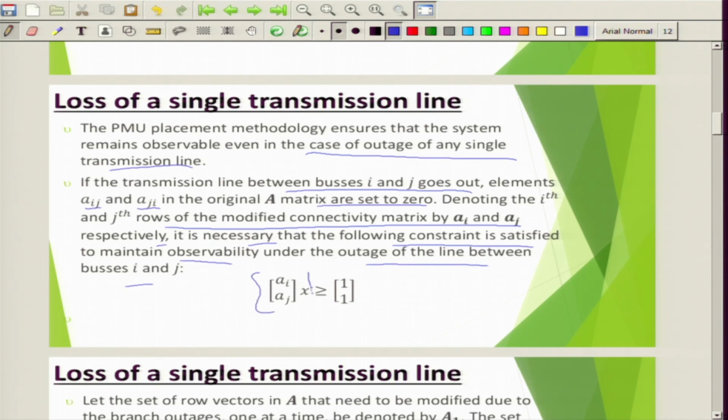That means now the entry where the line is gone would be 0. The rows corresponding to ai and aj multiplied by x should be greater than or equal to 1. This indicates that there will be at least one measurement being visualized at any given point of time, even in such an outage.